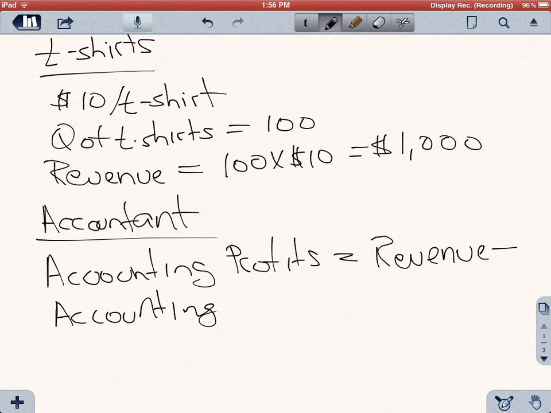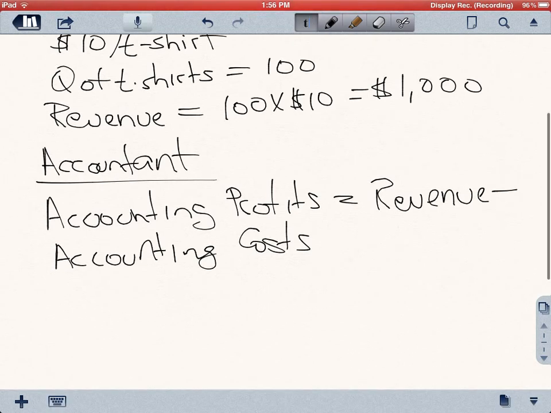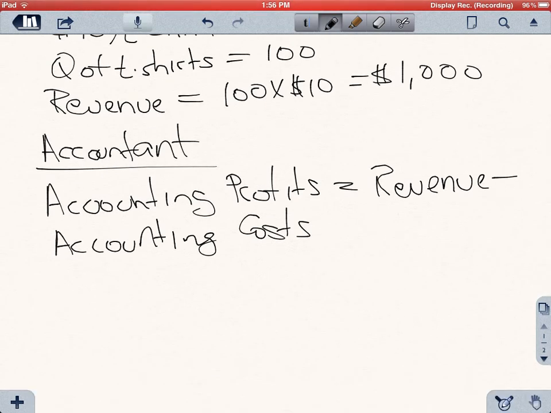And these accounting costs are what we usually understand when we say cost. In the example, it could be something like $800 for ink, materials, and all that stuff. So that's your accounting costs, materials and other things.